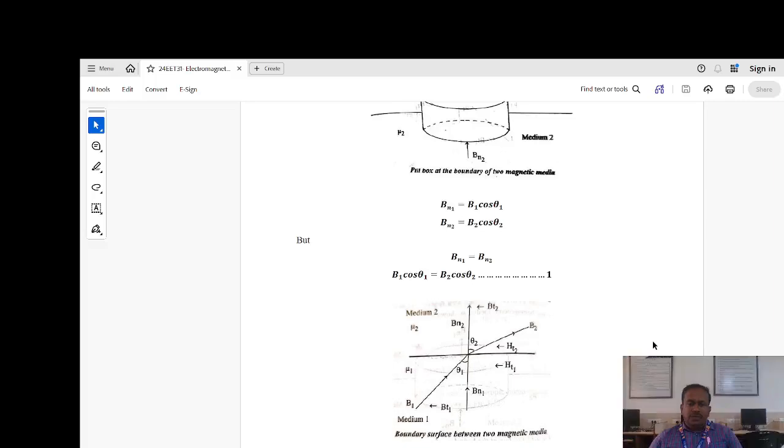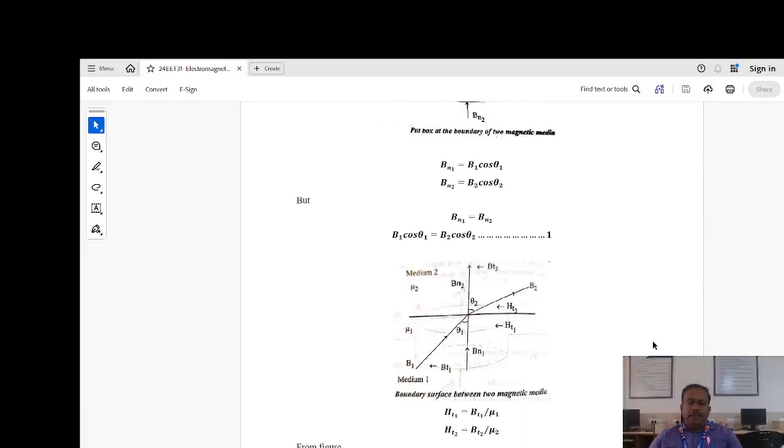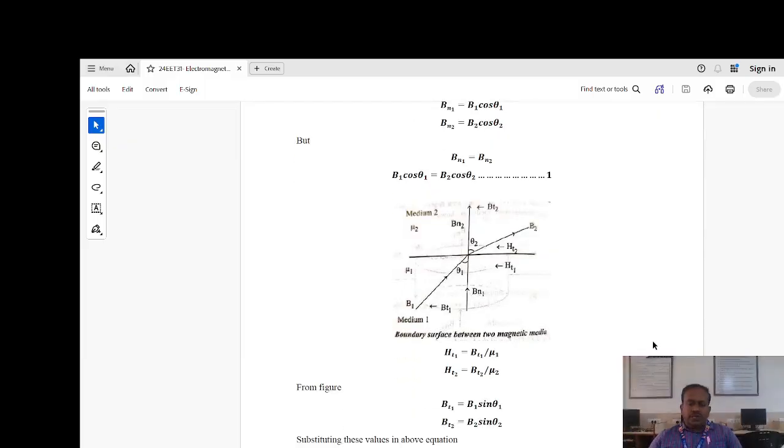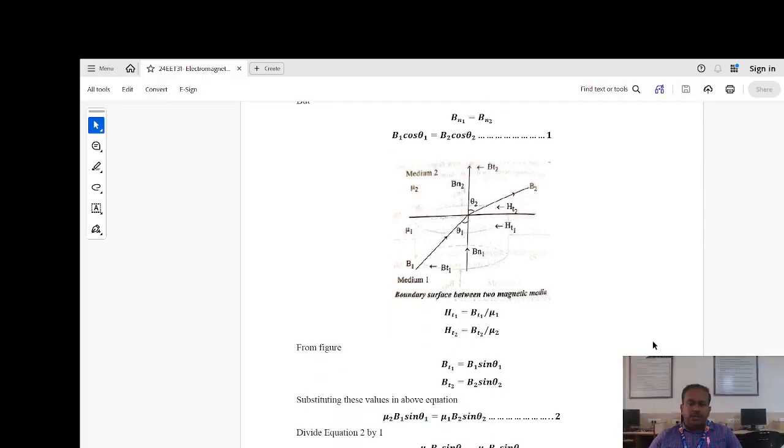From the relation between the magnetic field intensity and the magnetic flux density, Ht1 equals Bt1 divided by mu1, and similarly Ht2 equals Bt2 divided by mu2. From the figure, Bt1 equals B1 sin theta 1 and Bt2 equals B2 sin theta 2.